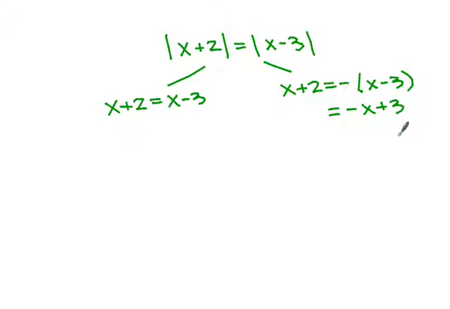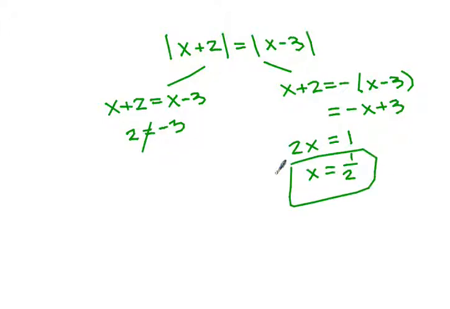Okay. So from here, now solve both equations. We'll subtract x from both. We'll see we get 2 equals -3. The x's disappear. That's not true, so that's not a solution. Over here, we'll add it, so we end up with 2x, and we'll subtract. So 2x equals 1, or x equals 1/2. And so our one solution in this case would be x equals 1/2.